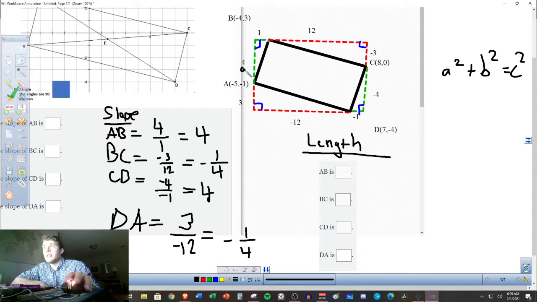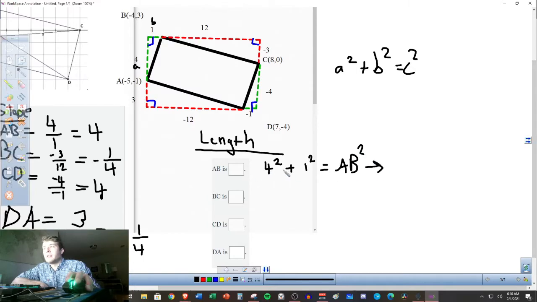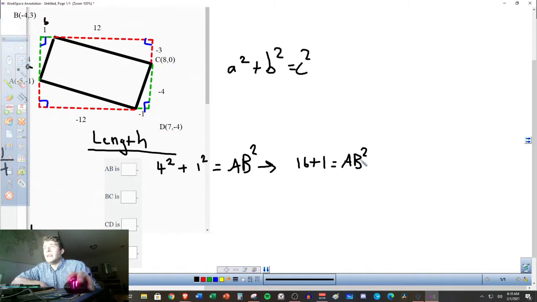Well, we'll just call this A, it doesn't matter, this is B. And so we get 4 squared plus 1 squared equals AB squared, because we're trying to find the length of AB. So it's 16 plus 1 equals AB squared. And then all we have to do is square root both sides. It's 17, so the square root of 17 equals AB.